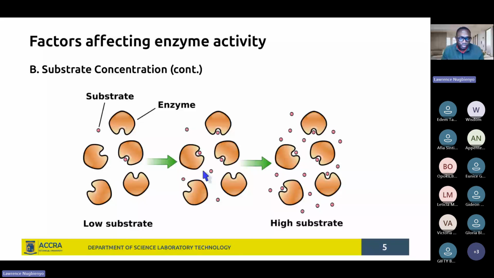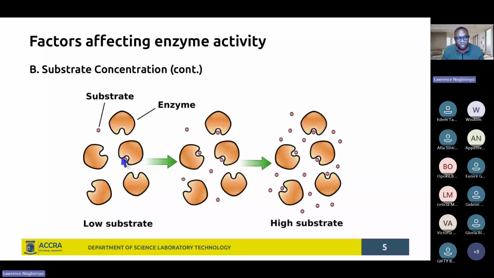So if you look at the diagram that is on your screen right now, there's an enzymatic reaction where the substrates are the small spherical, pink figures, whilst you have the bean-like structures. These are the enzymes that will be acting on the substrate.